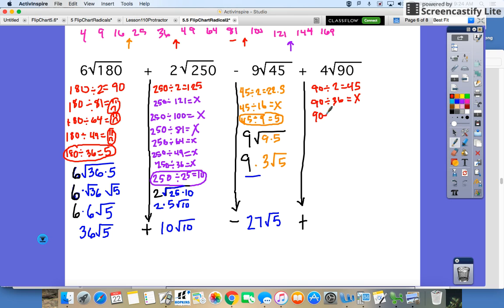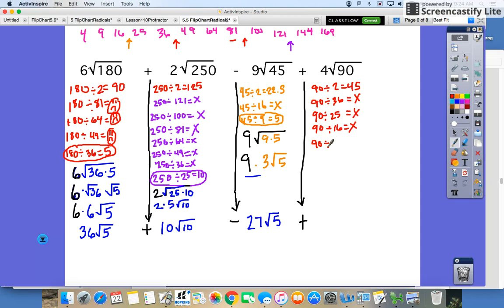We'll do 90 divided by 25. You can't make 90 cents out of quarters. If you try to make it, you get 25, 50, 75, $1. So that's not good either. If we do 90 divided by 16, that is 5.6. It's a decimal. It's no good.